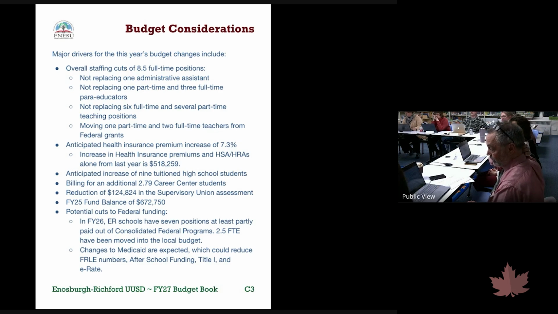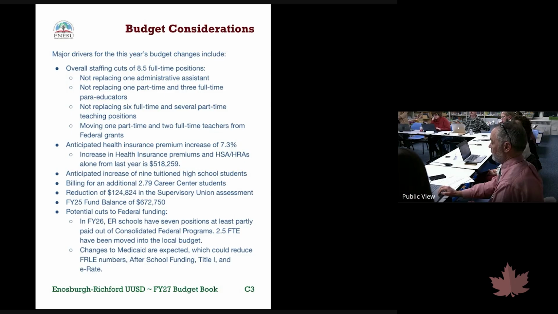We have again a relatively large fund balance. We're anticipating it's 672,000. The auditors haven't finalized that yet, but it's not going to change much. And we'll discuss later on in the meeting what we want to do with that amount. And then we've discussed the cuts to federal funding in earlier meetings, so I won't spend any time on that.